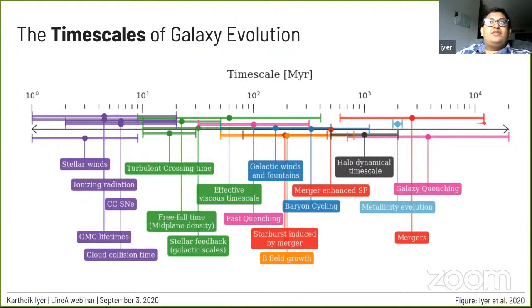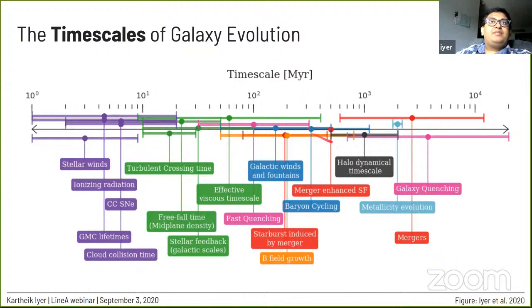The ranges of these timescales are broad not only because they act over that large range of timescales, which is true for some of these processes, but also because the studies that look at these processes haven't been able to narrow it down further, or if there are multiple studies that show you different results.